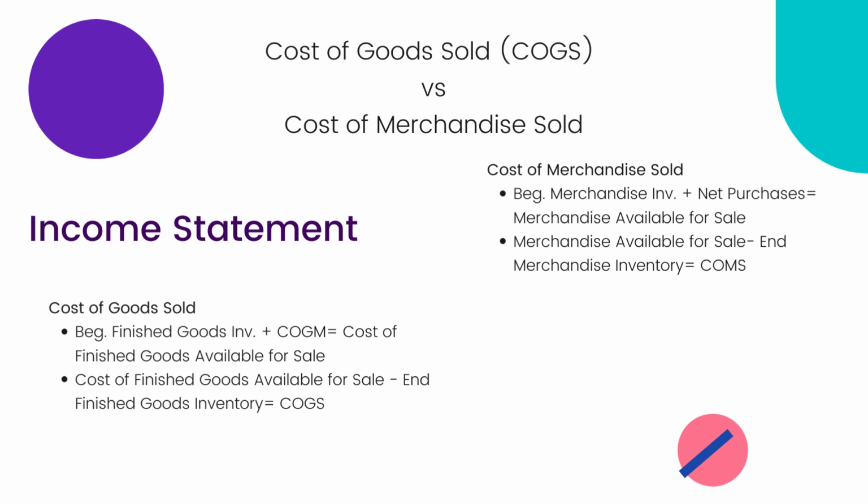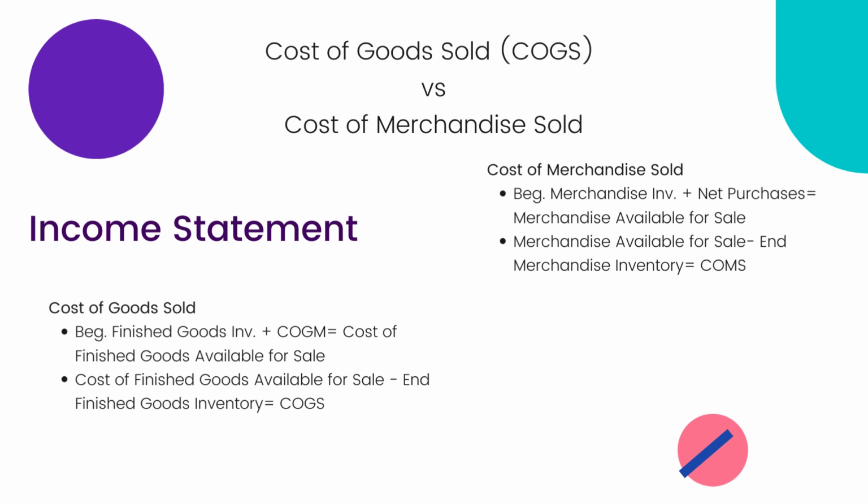So the beginning plus the purchases is going to give you your total merchandise available for sale. And then when you want to look at your cost of merchandise sold in a merchandising business, you're going to look at the merchandise available for sale minus your ending inventory at the end of that period, which will give you your cost of merchandise sold.